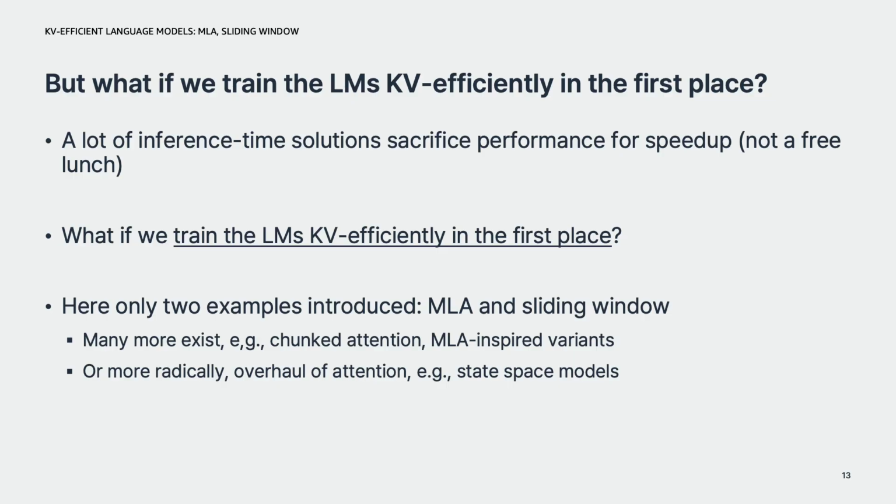Other examples would include chunked attention or other MLA-inspired variants. These solutions still maintain the transformer architecture, so the attention, but a more radical approach would basically overhaul the attention. The prime example of this is state space models, such as Mamba.